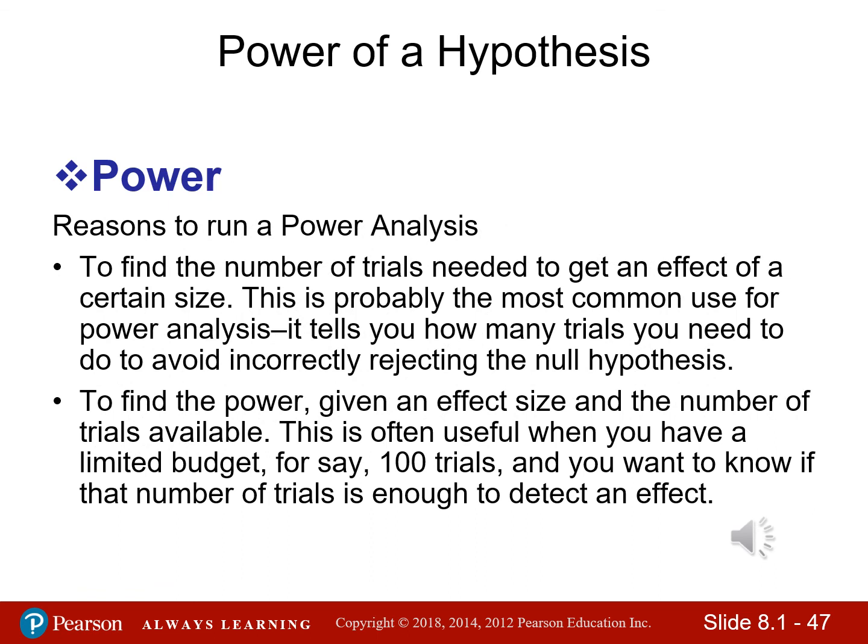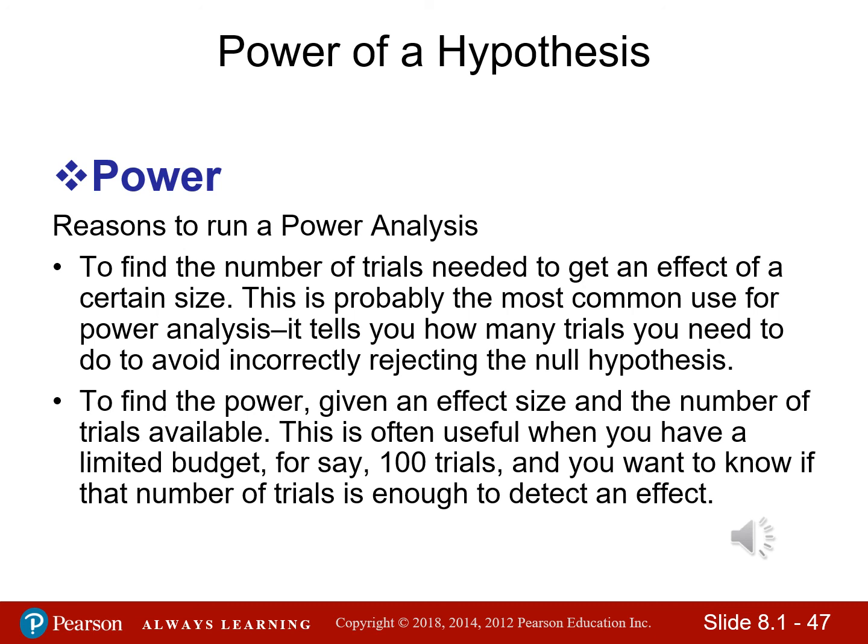You can run a power analysis for many reasons, including, 1, to find the number of trials needed to get an effect of a certain size. This is probably the most common reason for running a power analysis. It tells you how many trials you need to avoid incorrectly failing to reject the null hypothesis.